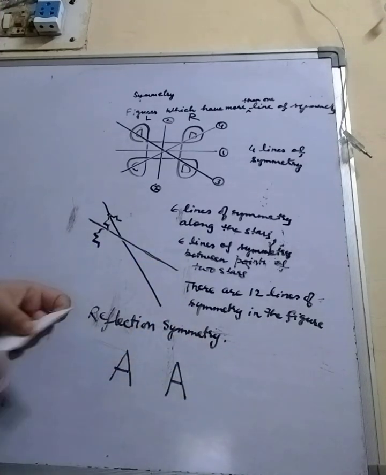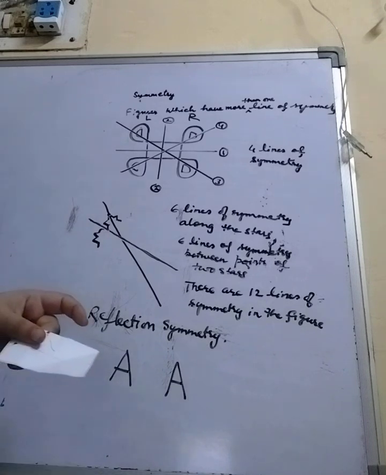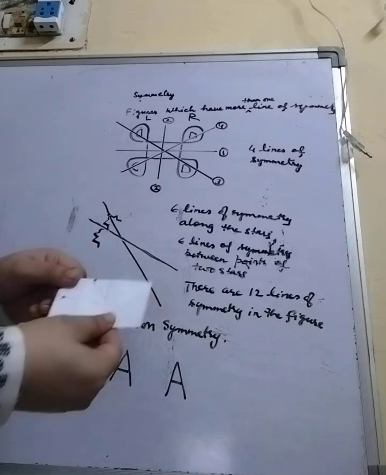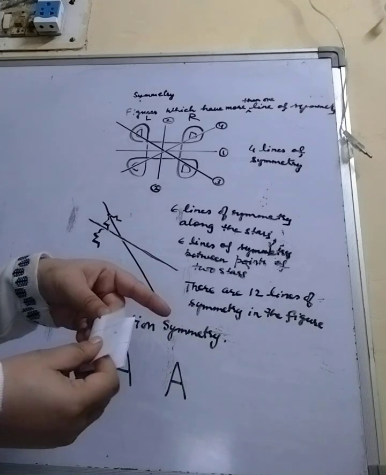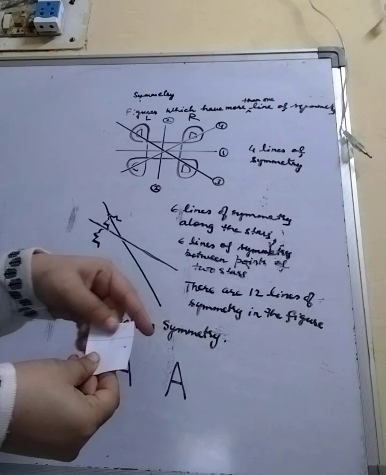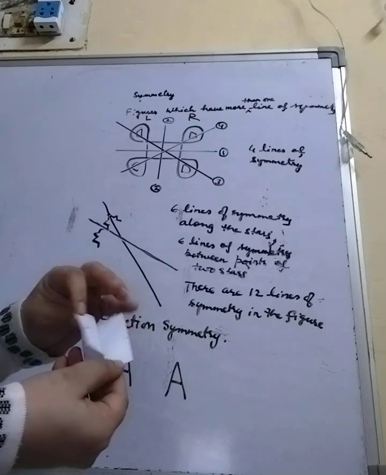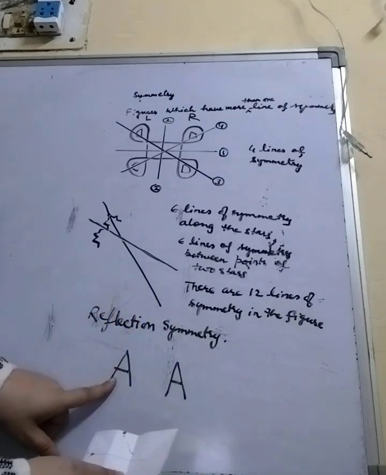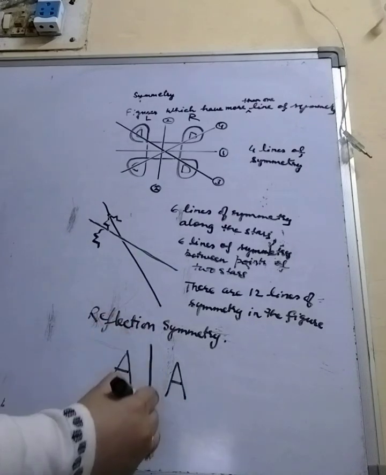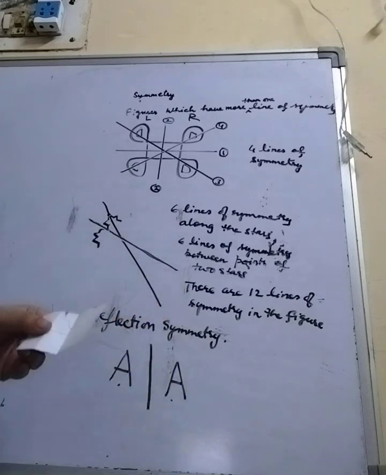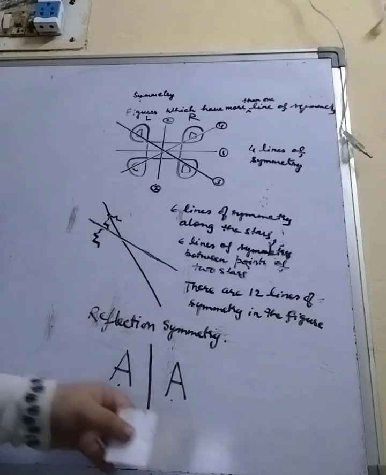So in the figures that we have done so far, for example this rectangle, if I fold it from left side to right side, then I have two identical parts like A and A. If there is a fold, then A is exactly similar to the other A in a mirror.